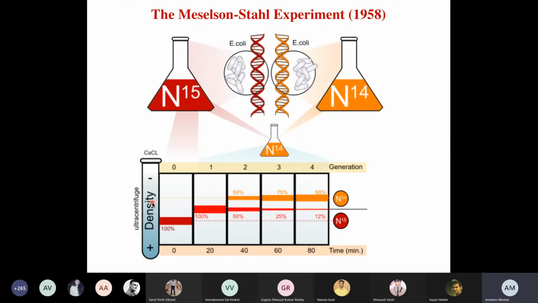Due to the centrifugation process, it will apply a huge amount of centrifugal force onto this gradient, or you can say onto this DNA molecule, which has been laid over at the top. So this is the DNA solution.